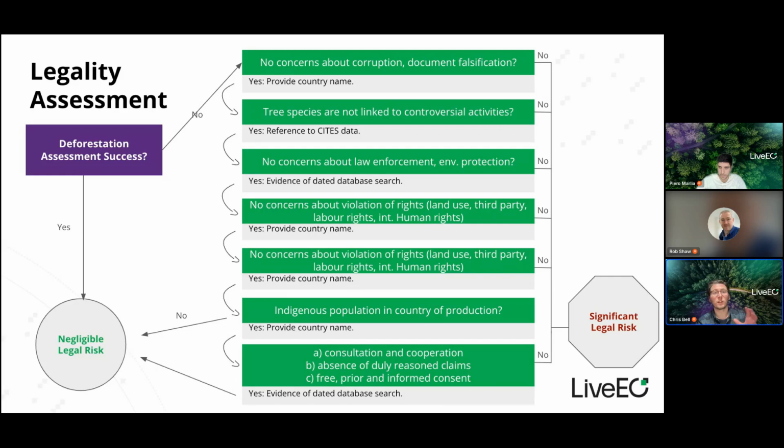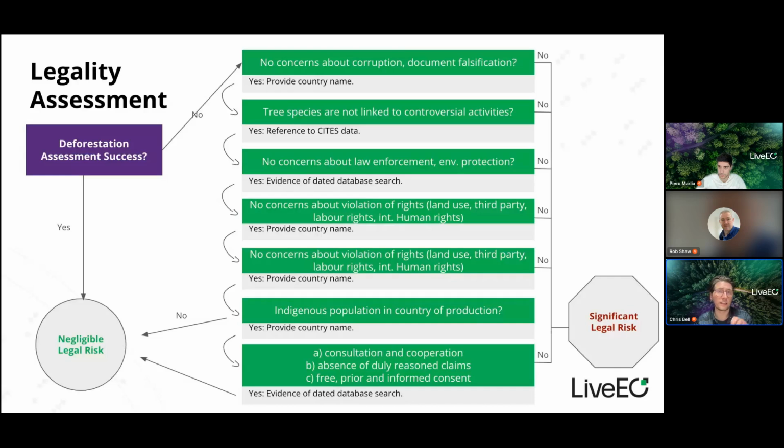So, for example, if the deforestation assessment coming from the satellite analysis is successful, then your first point of call is asking, has there been any concerns about corruption or document falsification?